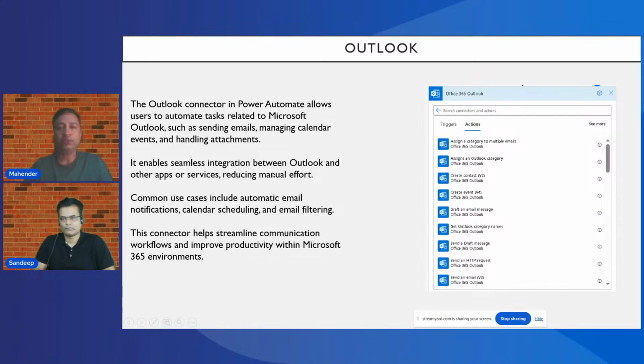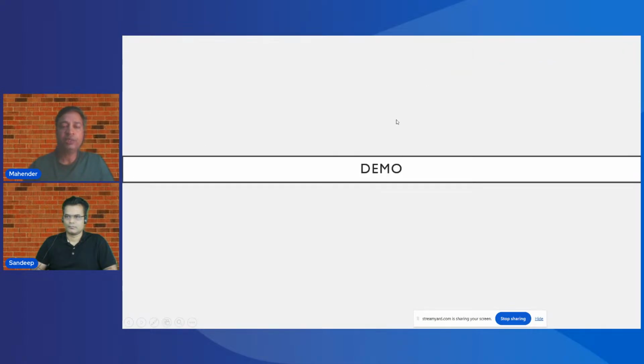For that, we can use the Outlook connector, which is also available in Power Automate. As you can see, we have the triggers, and then we have different types of actions that we can use for sending email to our customer. Okay, so that's the use case we are using here.